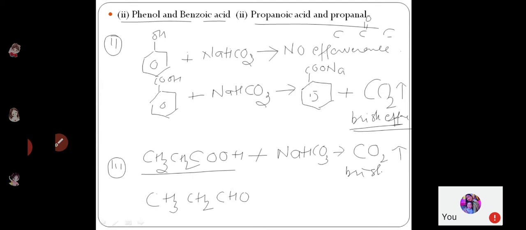Just send me the structure of the product. Then next, you do the test for the aldehyde: no effervescence. This is how we distinguish between the acid and the aldehyde.